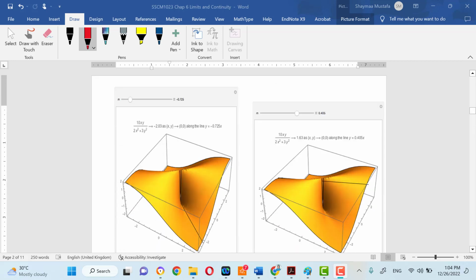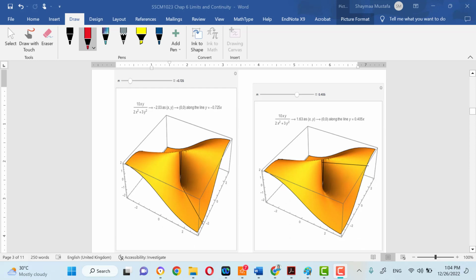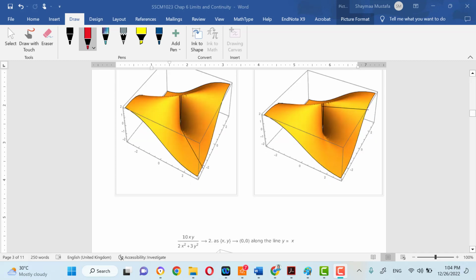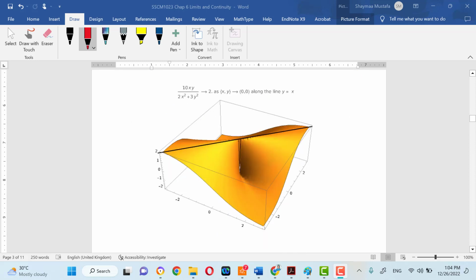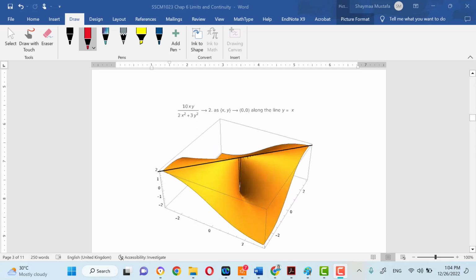For example, if I have this function, 10xy over 2x squared plus 3y squared, this is the graph of this function. If I come to this function from the line y equals x, then the limit is equal to 2.